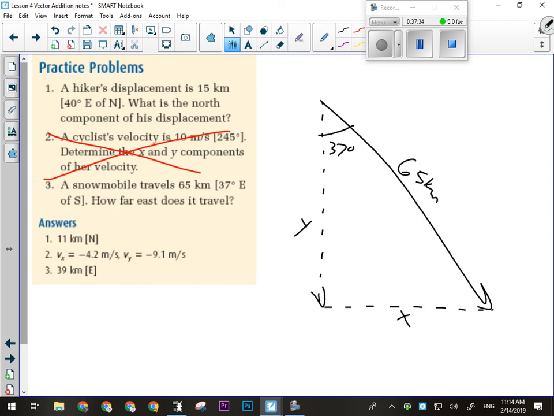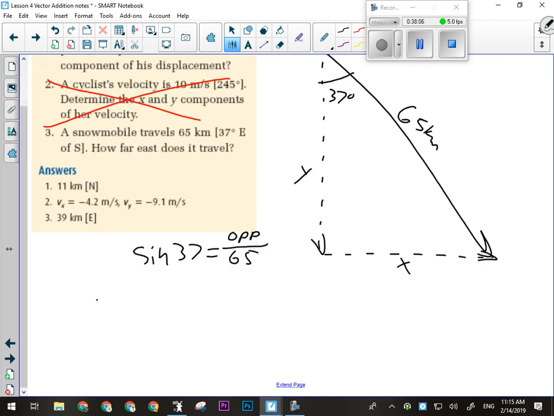Which side am I solving for? X, because x points east. Is x opposite or adjacent? It's opposite. Which trig function do I use for that? Sine. Sine calculates opposite with hypotenuse. I have the hypotenuse, I'm looking for the opposite side, and I have the angle. So the sine of 37 equals the opposite side, x, divided by the hypotenuse, which is 65.